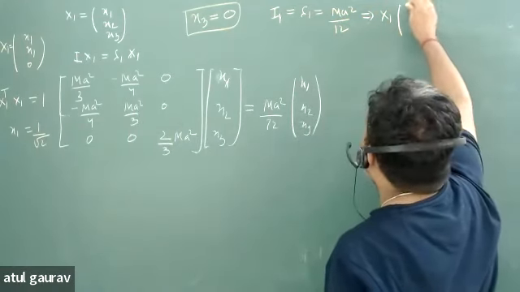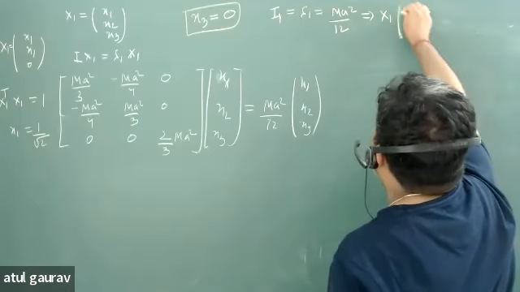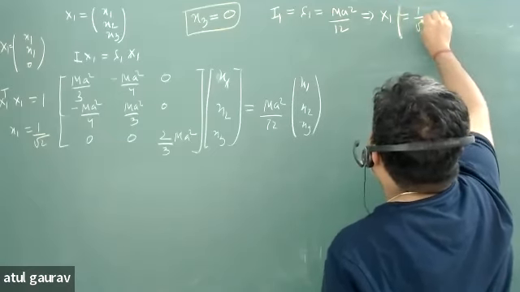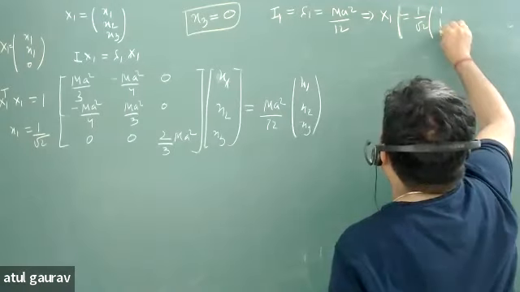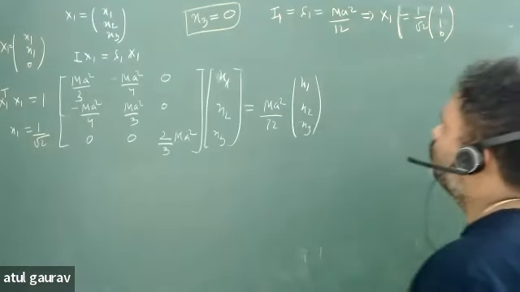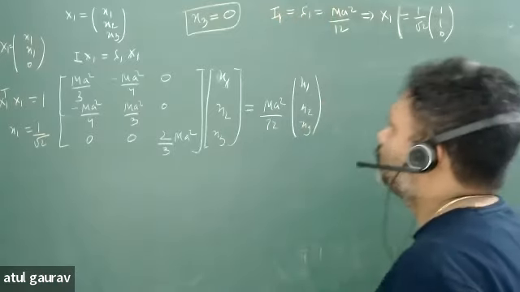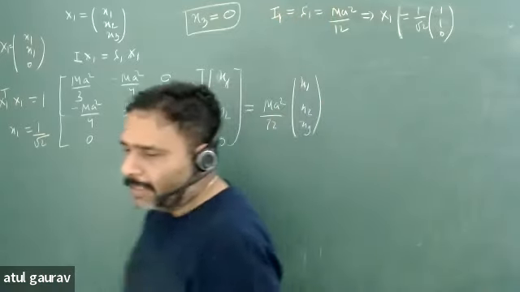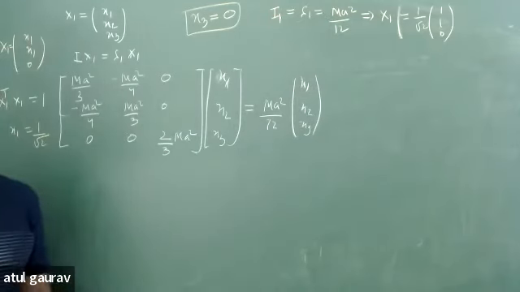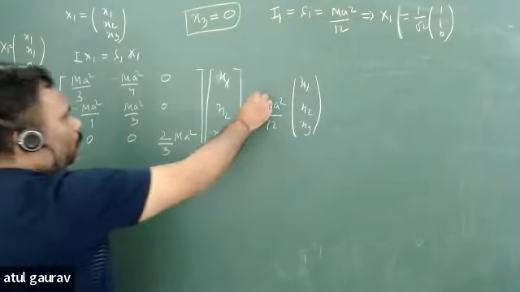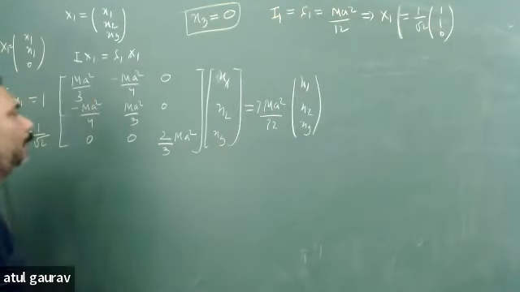You can write x1 is equal to 1 by root 2, 1, 1, 0. This is your x1. Anyway, so this is your thing. Now, for the second, what do we have to solve? 7 by 12, isn't it? So I will just put 7 here and I can write the equation.